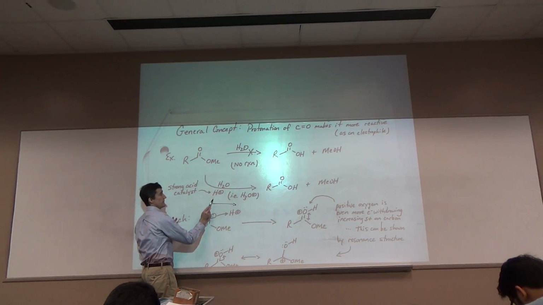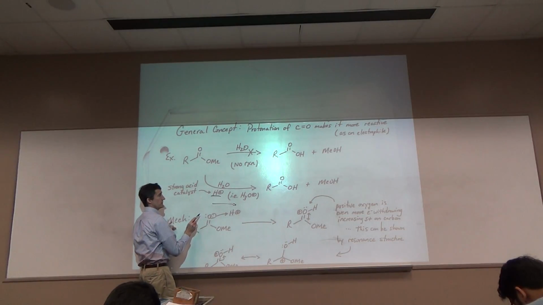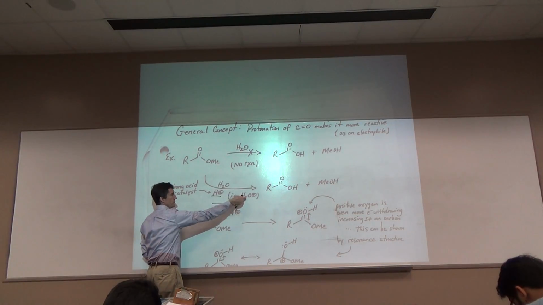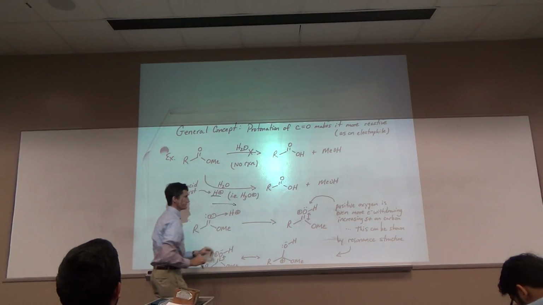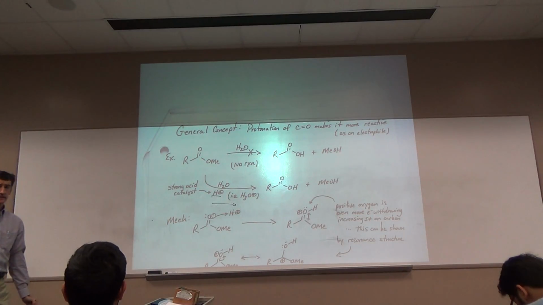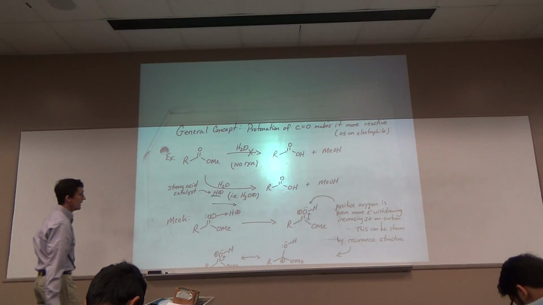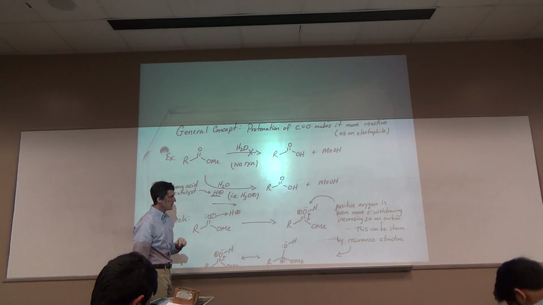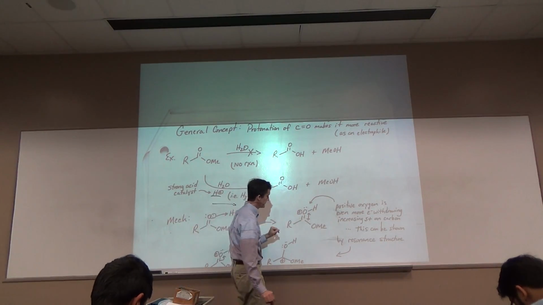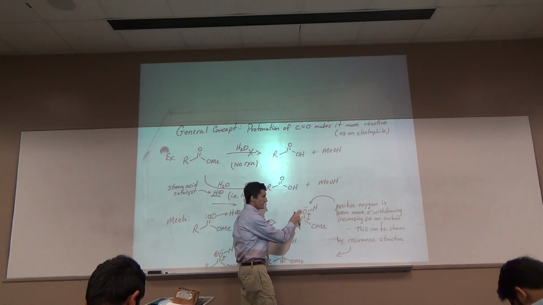On the other hand here, if you include an acid catalyst, so now this is H3O+, right? You can get the reaction. What does the acid catalyst do? You protonate the carbonyl. And if we protonate the carbonyl to get to this structure, what have we done to this oxygen?